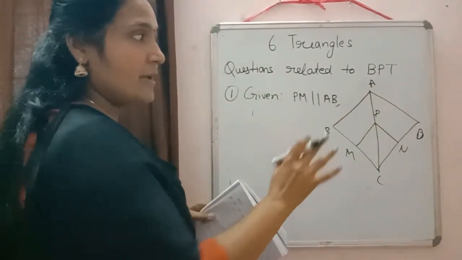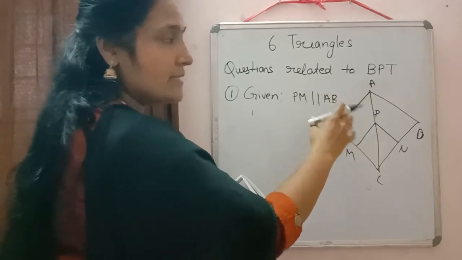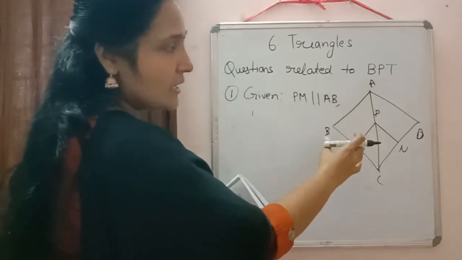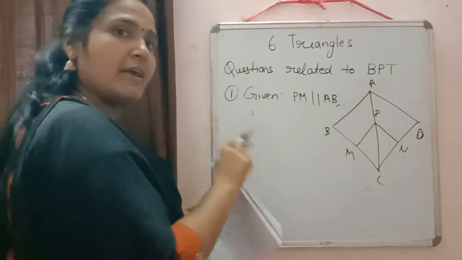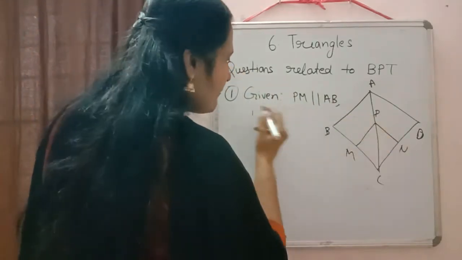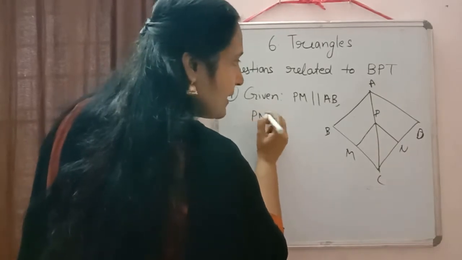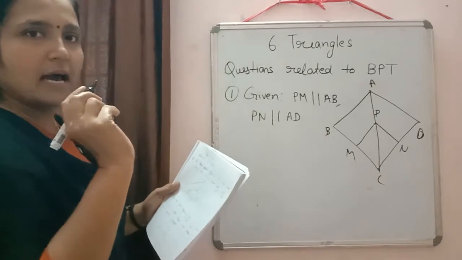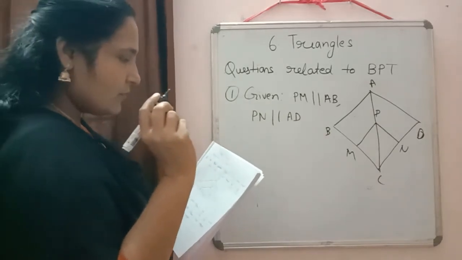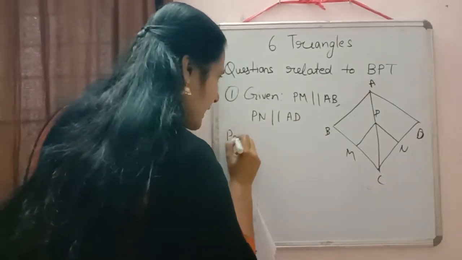If it is not given, then don't say PM parallel to AB simply by looking at the diagram. It should be given in the question. In the same way, one more condition is given, that is PN parallel to AD. These two conditions are given. Now what do we have to prove? Now write that down. Prove.